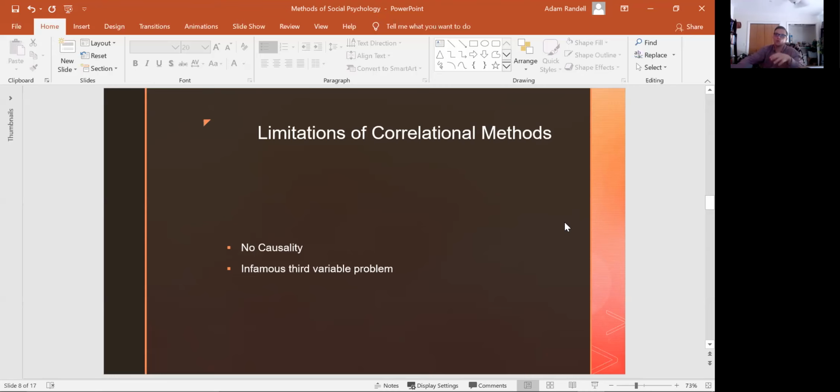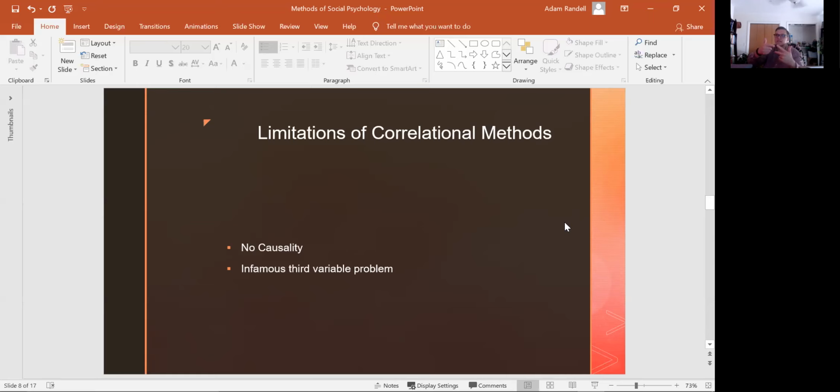So what's having an effect must come before what it's having an effect on. And third, there can't be any alternative explanations. Okay. Well, correlation only gives you one of those. It doesn't give you the other two, and it can't.